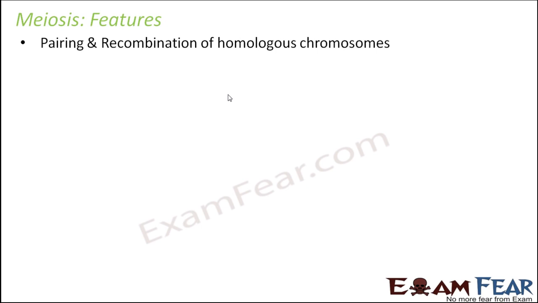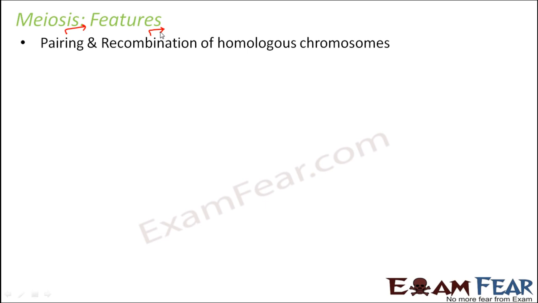Pairing and recombination of homologous chromosomes. Now in case of mitosis, what was the basic concept? Replicate and divide. So copying of DNA and then dividing the DNA into daughter cells. Here the key concept is pairing and recombination. So what do we mean by pairing and recombination?